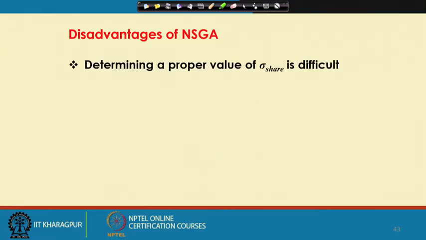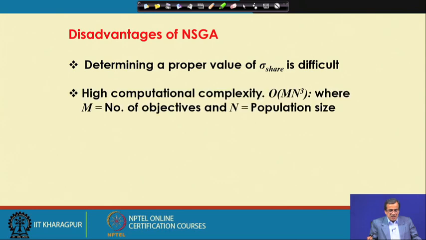Now, this NSGA could achieve some success and popularity, but it has got a few drawbacks. Now, let us try to mention those demerits. The performance depends on the sigma share value. Now, it is user defined.